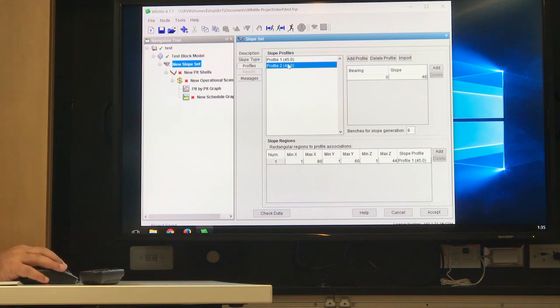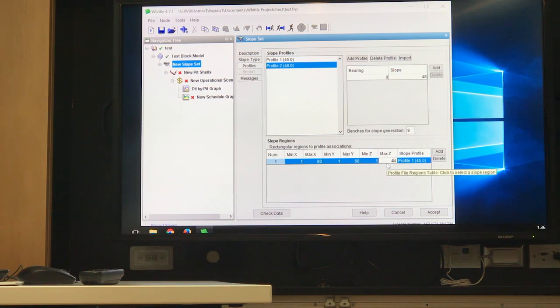If this is the scenario, you need to just go and create these 2 different regions in your block model. How should I create those regions? By just looking at the Z elevations of the block model. The 44 represents the surface of the block model.